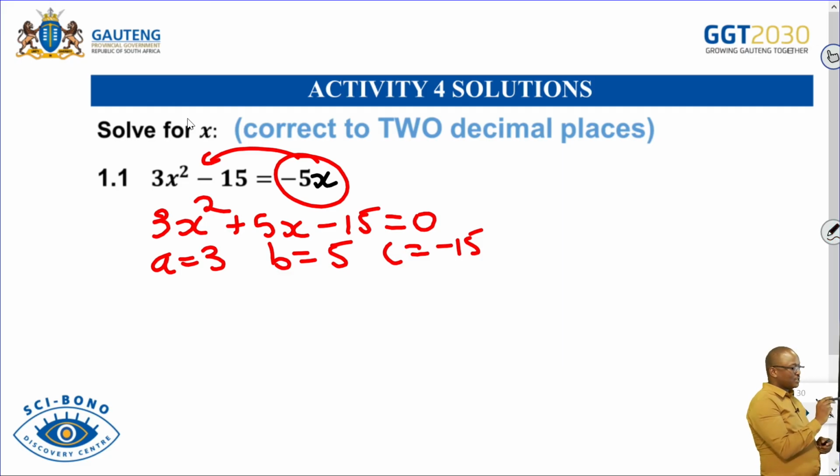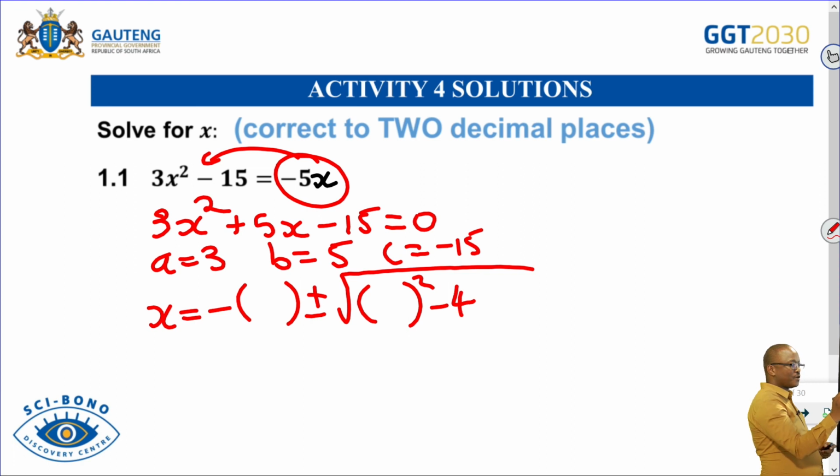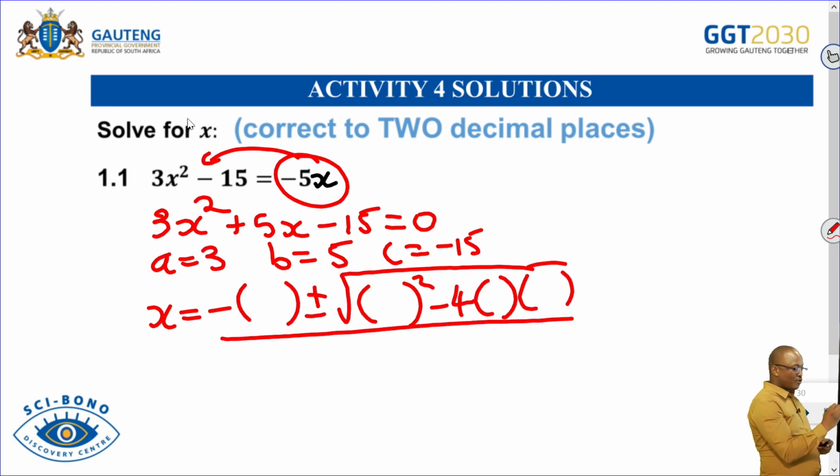Then substituting into your quadratic formula, we're going to have x is equal to, remember there is negative of b in the formula, and then b plus minus the square root of b squared minus 4 into a and c all over 2 into a.